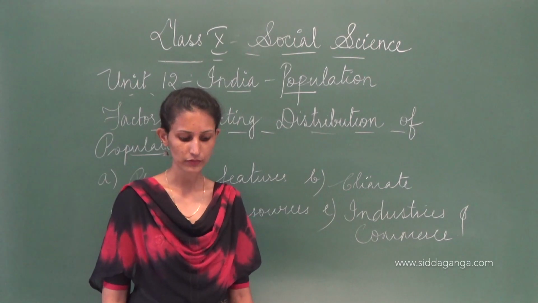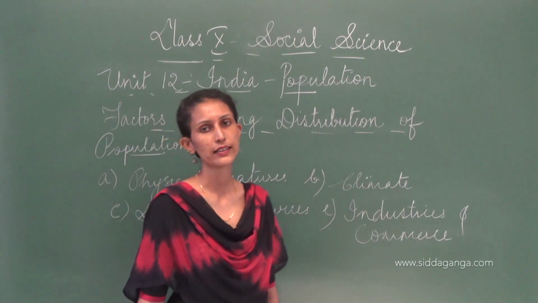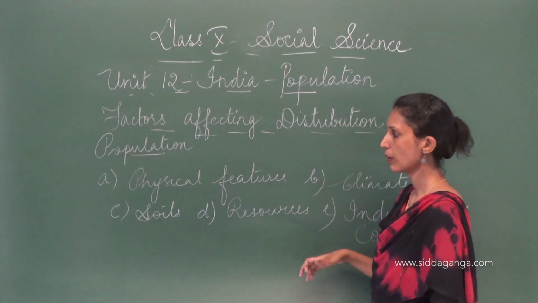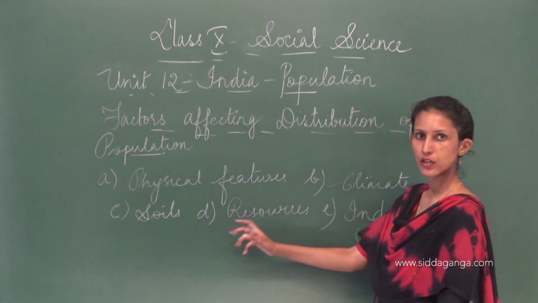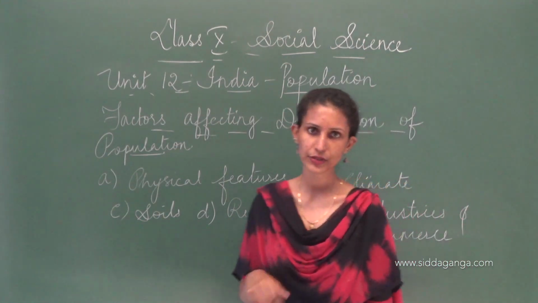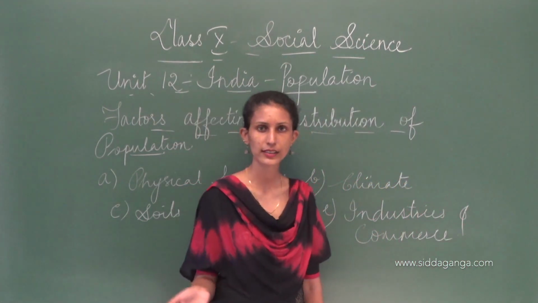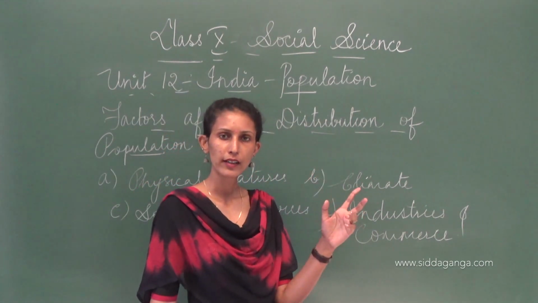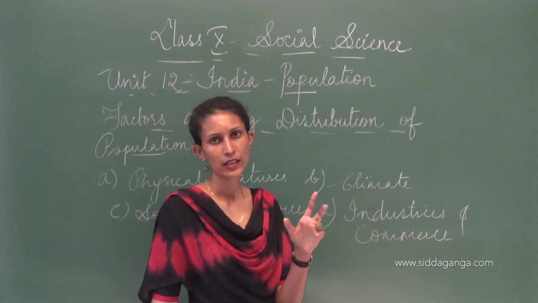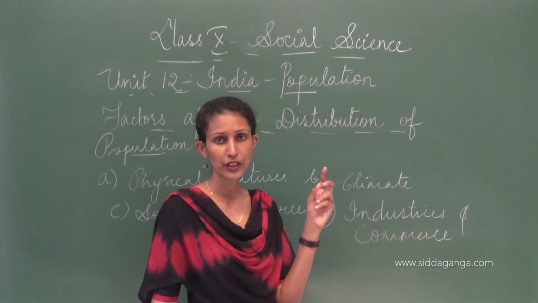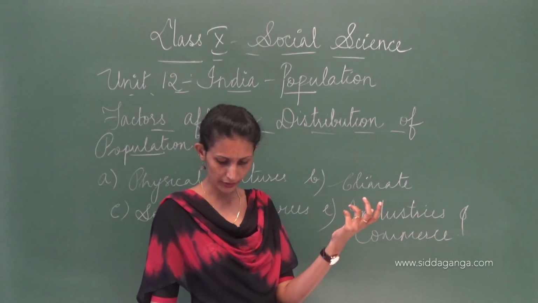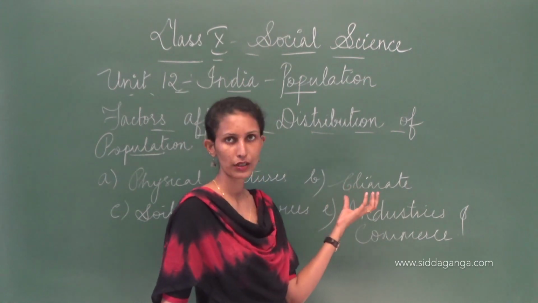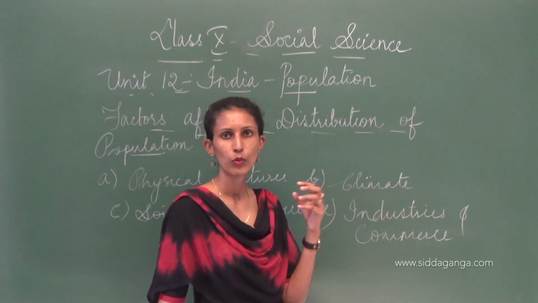So these factors that have been laid down are which affect the distribution of population: physical features, climate, soils, resources, and industry and commerce. Now we'll move on to physical features first. Before that, different socio-economic factors also affect it. Now a few of the factors are laid down here. We'll go one by one and understand what's more important.